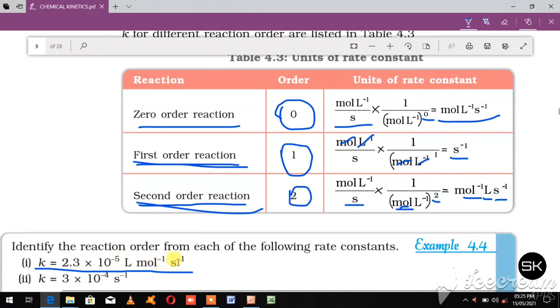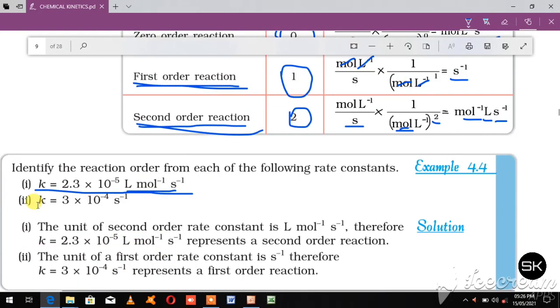So we have to answer what is the order of the reaction. See here the unit is liter per mole per second, and see the chart. This is the unit of a second order reaction, so the reaction is a second order reaction.